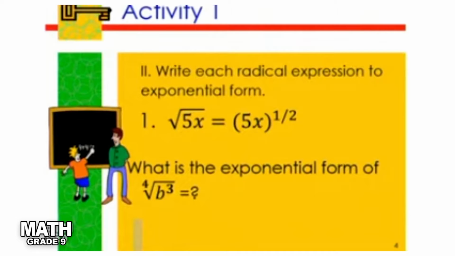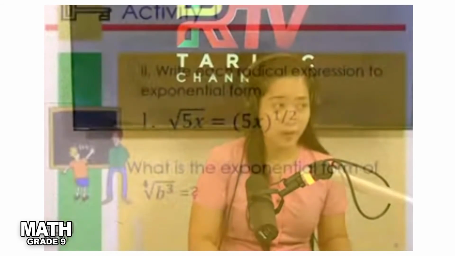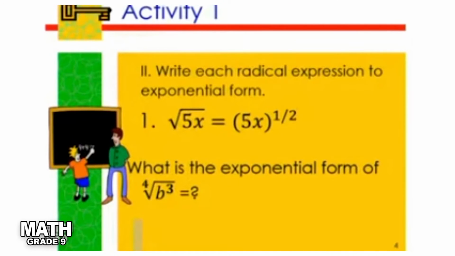For the next part, we have radical to exponential form. We have the example, the square root of 5x. Rewriting the expression to exponential form, we have the quantity of 5x raised to 1/2. Now, try to answer item number 4. What is the exponential form of the 4th root of b cubed?